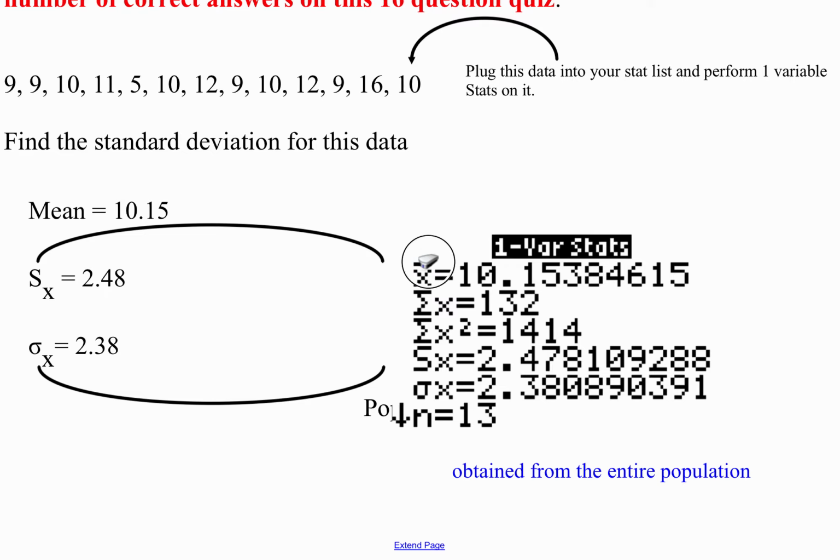Now, hey, that letter, didn't I just see that before? Yeah, that's capital sigma. And it means to sum up. So basically what it did was it added all together these numbers, 10, 16, 9, 12, 10, and it added up to 132. Now, back in the day when I was in high school, we had to figure out standard deviation by hand. It was a very long process. Not hard, but just long.